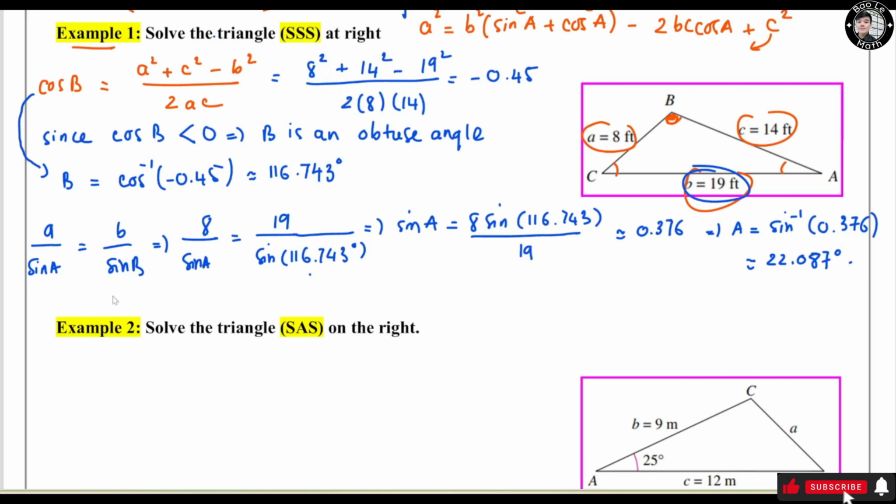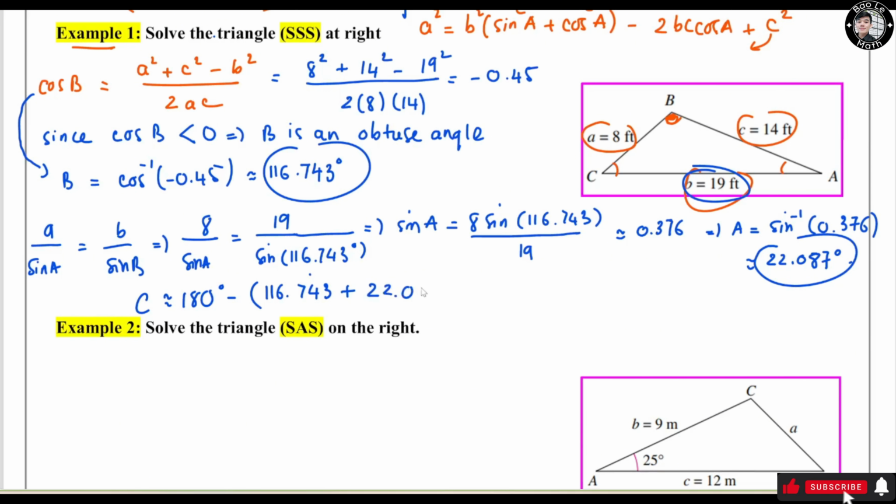Now to solve for angle C, we're going to use the triangle sum theorem. So angle C is approximately 180 subtract angle B plus angle A, which is 41.17.